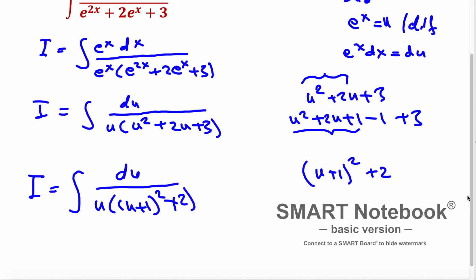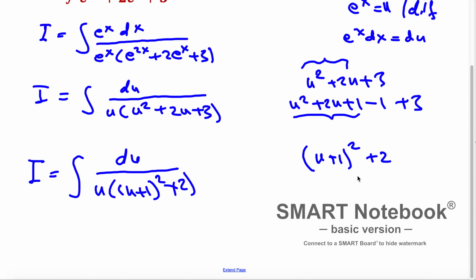But now I'm going to make another substitution. Instead of u plus 1, I'm going to use v. And now if I am subtracting 1 from both sides, u is going to be v minus 1. If I'm taking the differential of both sides, du is going to be equal to dv.